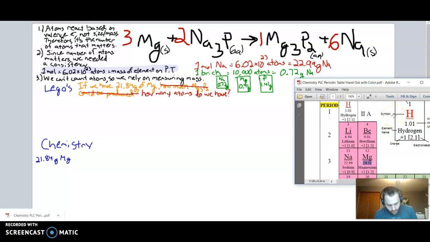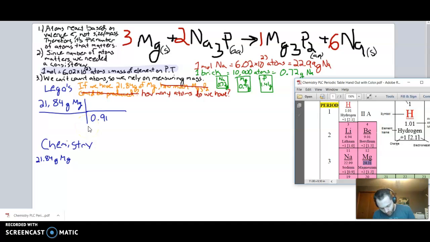So if we were to jump right into doing this, again, we're going to have our 21.84 grams of magnesium. And just like we did last time, if I said that every magnesium is 0.91 grams, you can just go ahead and be like, okay, well, I have grams of magnesium on top.